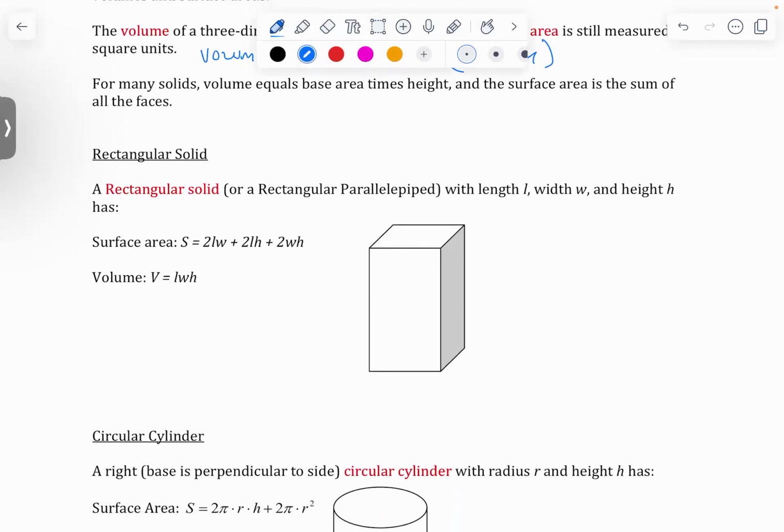So a few of them that we're most familiar with: the rectangular solid, or rectangular parallelepiped, is length times width times height. For the surface area, there are 6 faces on a rectangular solid. Think of a die. There are 6 faces on a standard 6-sided die.